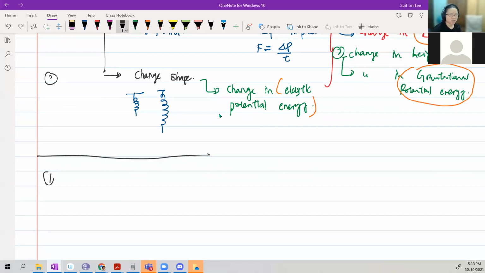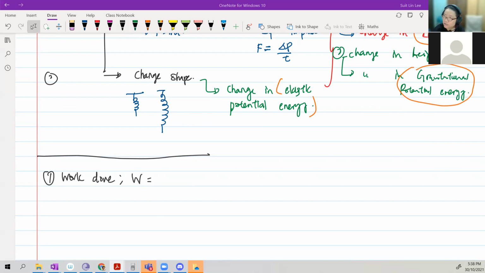So the first thing we're going to look at is work done, W. In everyday language, we say work done as you move something, or you travel, you apply a force of a certain amount to your object.